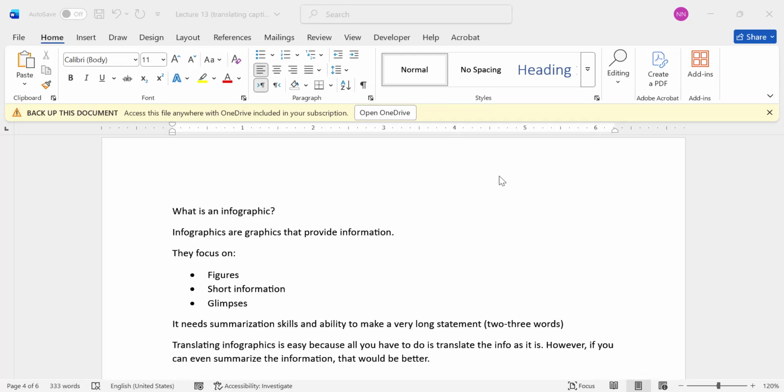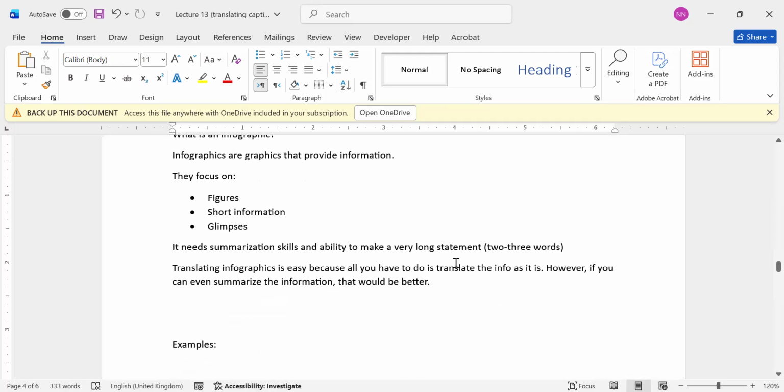Usually infographics include figures, short information, glimpses. That means you don't really use full sentences, usually very short, very limited number of words, fragments, and so on. It needs summarization skills and the ability to make really long statements really short.